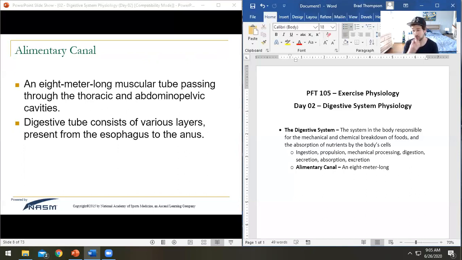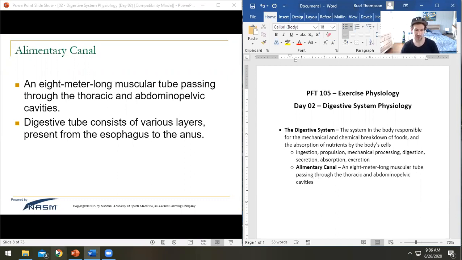And that is actually what's traveling all the way through you, but it folds up a whole bunch when it gets to the intestines. So that is your alimentary canal. It's an 8-meter long muscular tube passing through the thoracic and abdominopelvic cavities. So it is going to pass all the way. It's actually going to travel through your diaphragm.